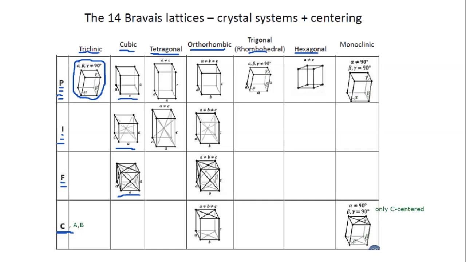Now to give you a comparison with monoclinic, if you have a primitive cell and then you go to a C-centered cell, it actually doubles the volume of the C-centered cell compared to the primitive cell. And that's because you're doubling the number of lattice points in the unit cell. So when you go from monoclinic primitive to monoclinic C-centered, you're typically doubling the unit cell, making it bigger.